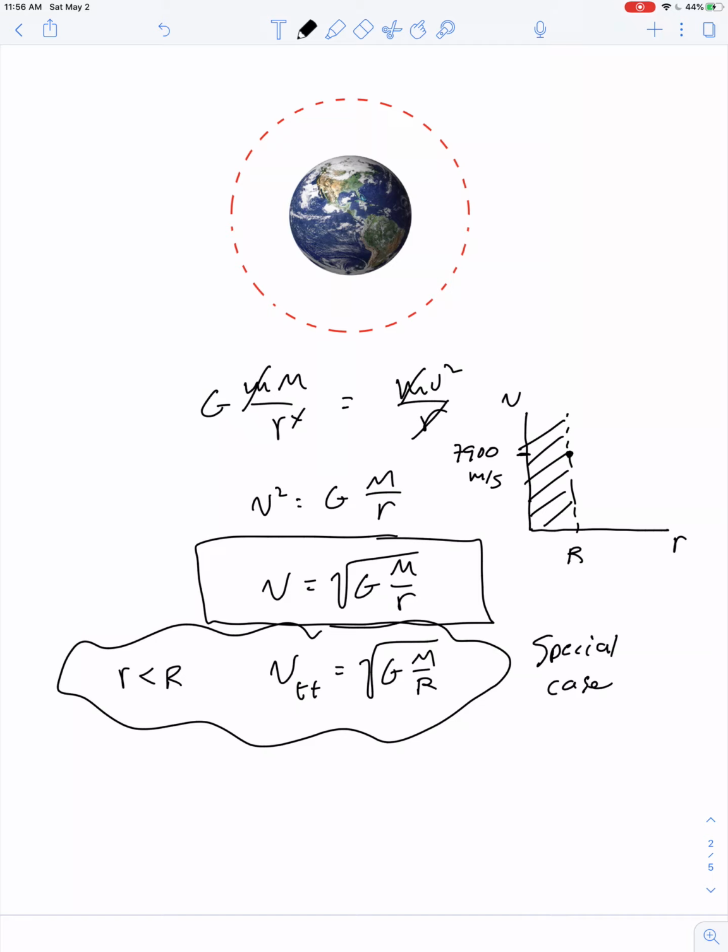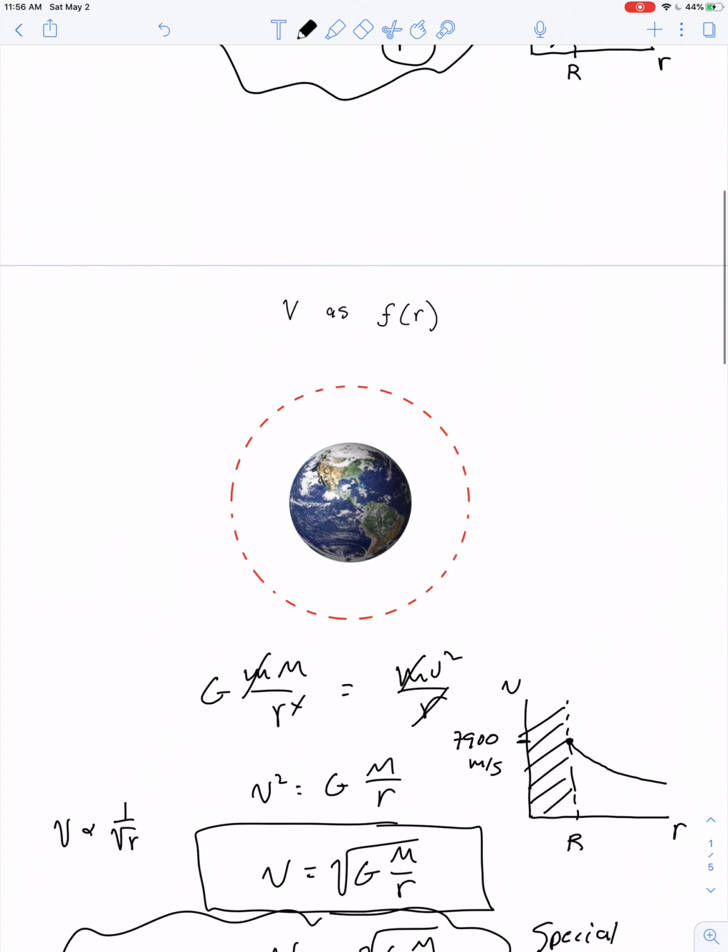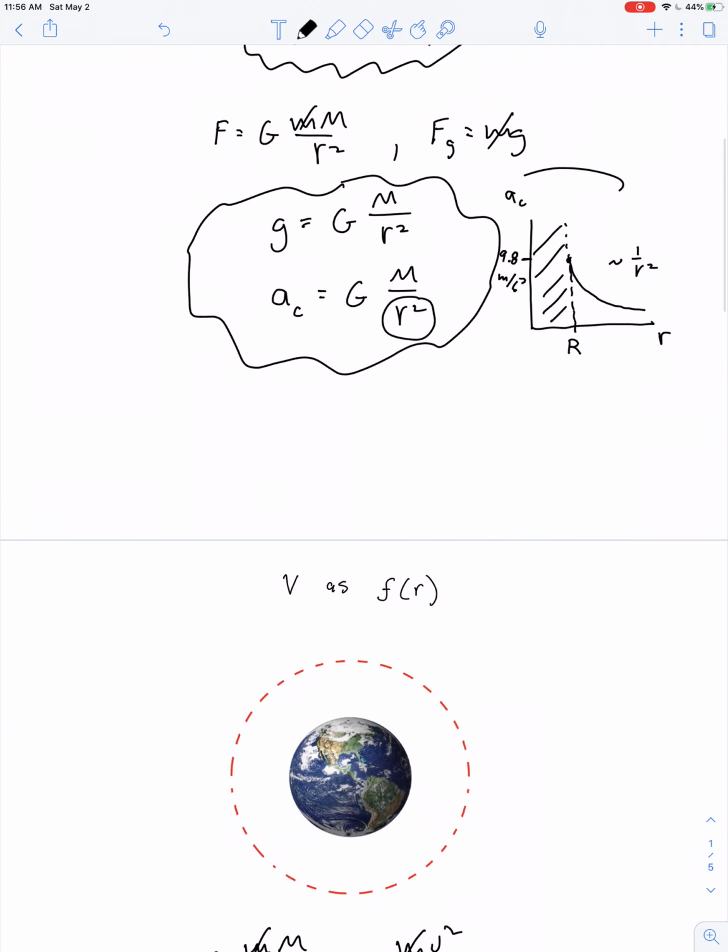And we see there's an inverse proportionality. The speed is proportional to 1 over the square root of r. So the speed decreases the farther away the satellite gets. However, it doesn't drop off as radically as the acceleration value because it's not a 1 over r squared proportionality. It's a 1 over the square root of r proportionality.